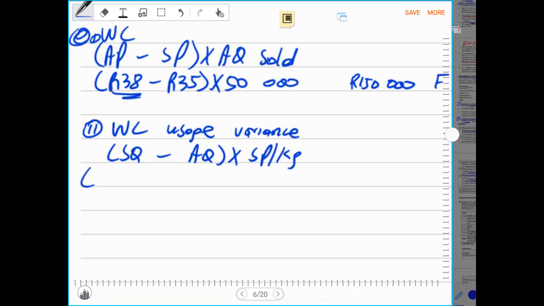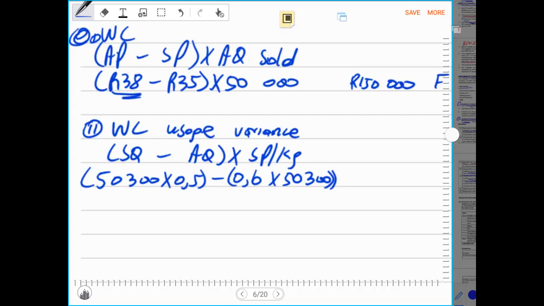Standard quantity, remember, is based on actual production. Actual production was 50,300 for the whole wheat, times the standard quantity per kg, which is 0.5. Then my actual quantity will be 0.6 times 50,300.